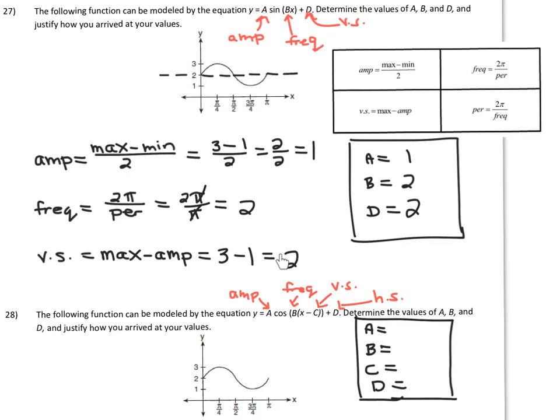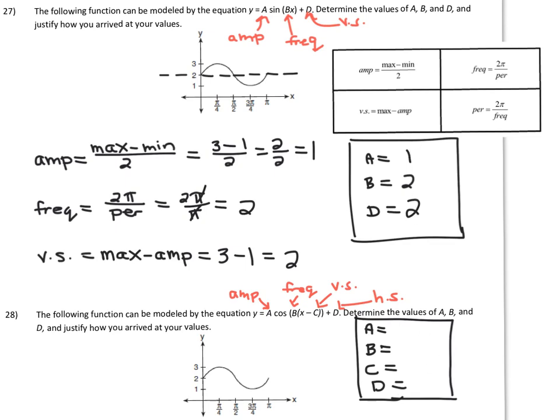Now, for number 28, if you recall, think about it. If you forget, just think about it. What are the 3 things that stay the same when you convert from a sine equation to a cosine equation? Well, these 3 things right here: the amplitude, the frequency, and the vertical shift. So in number 28, we can just fill these in with the same values we have up here.